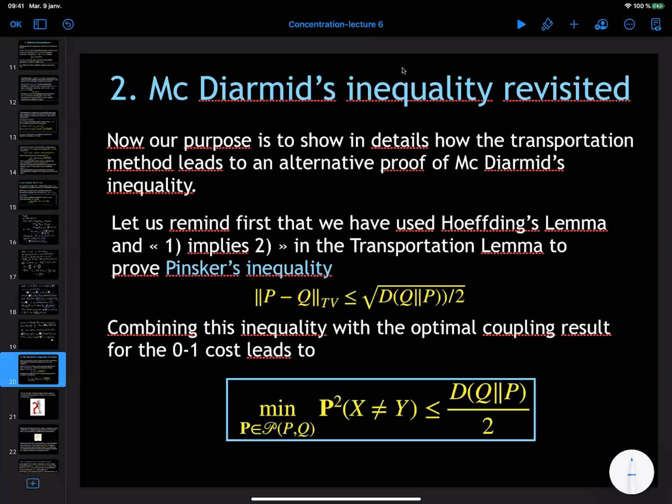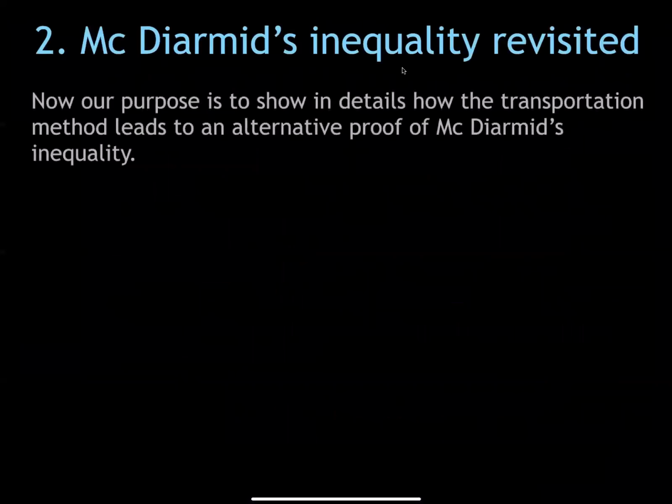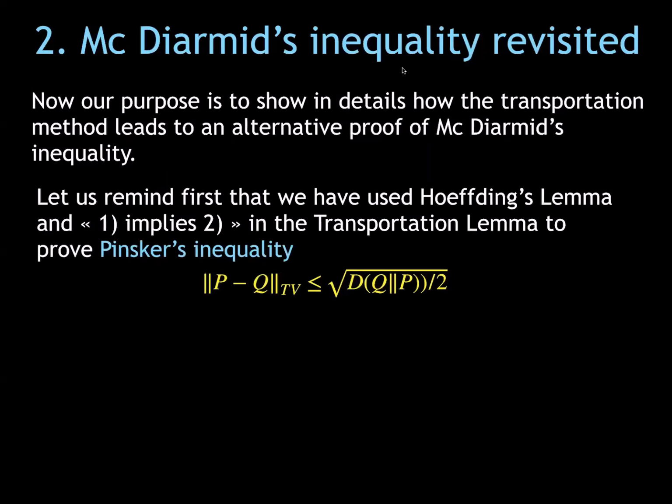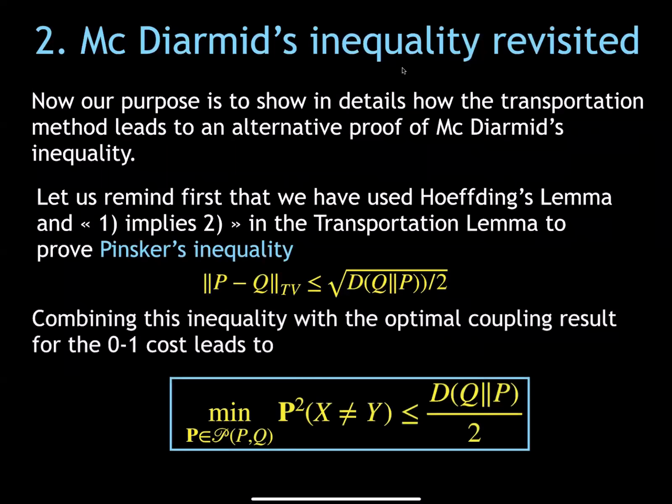Okay, so let us come back to the transportation approach. We have computed the transportation cost, which is merely the total variation distance in this case of the 0,1 cost. On the other hand, we have at hand Pinsker inequality here, which ensures that the total variation distance is less than the square root of the relative entropy between Q and P over 2.